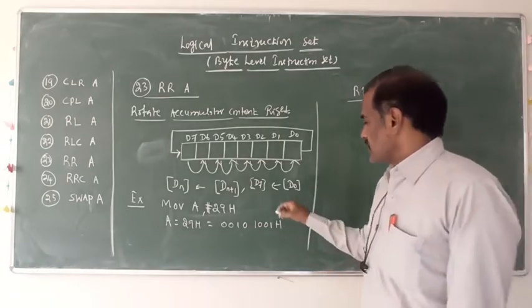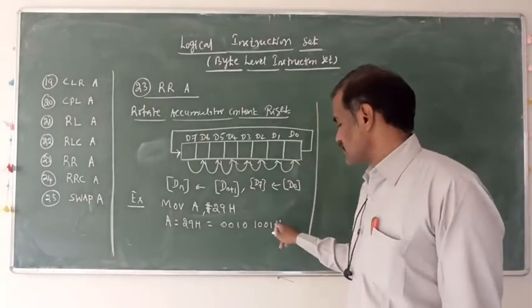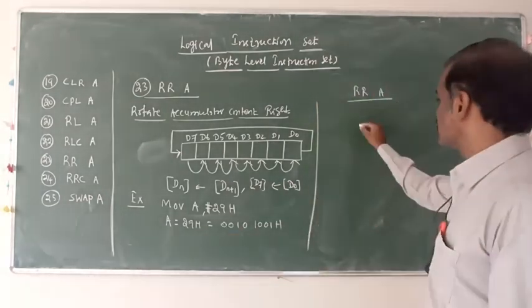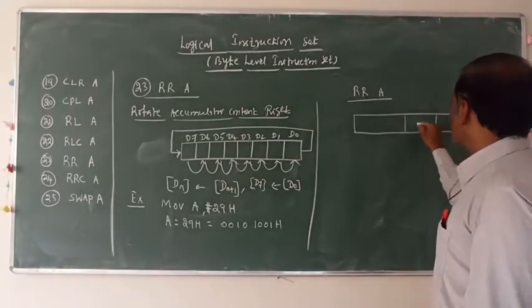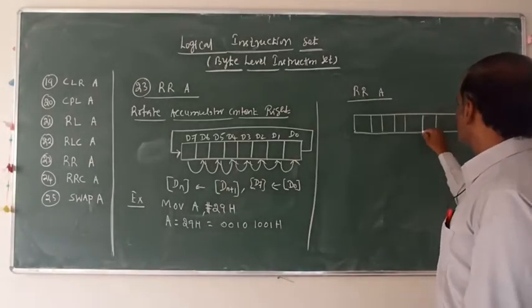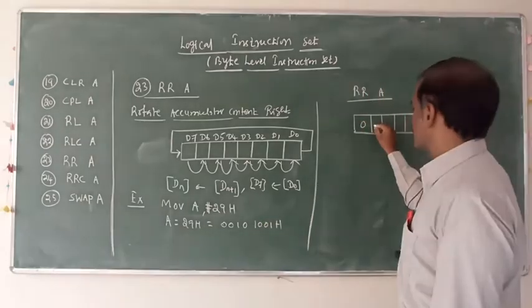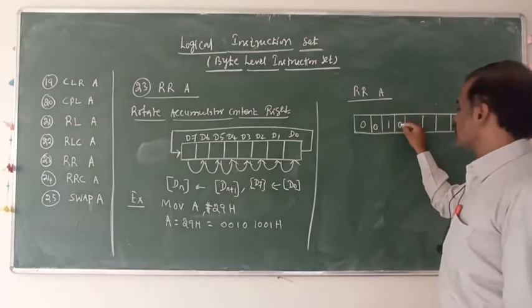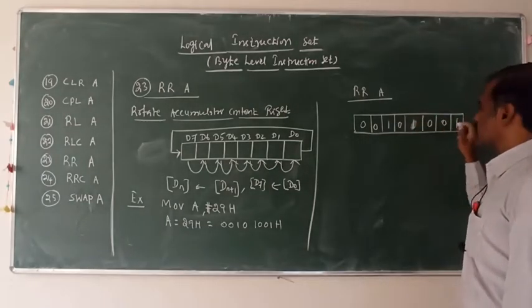Now the D0 bit data moves to D7th position. Here the data in accumulator 29 is 0 0 1 0, and this is 1 0 0 1.